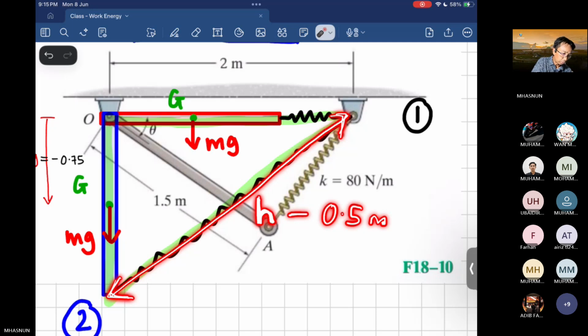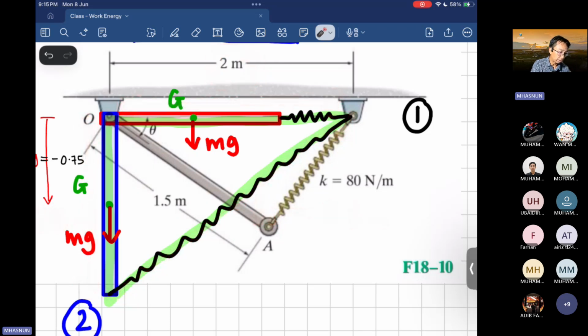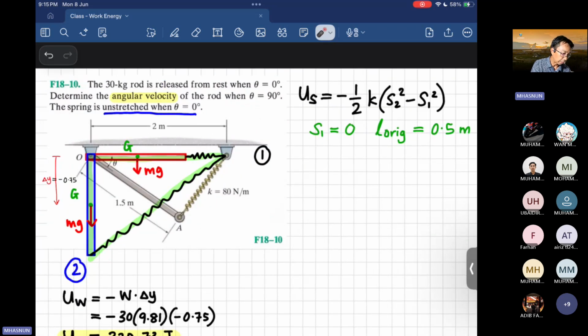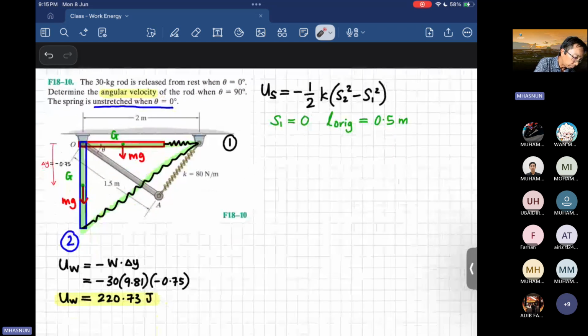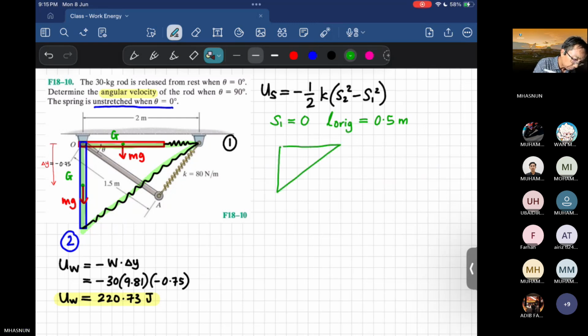So we have the length of the top here as 2 meter, and the length of this rod here 1.5 meter. So we have all the lengths, so basically we can then find the value of H. Okay, if I draw the triangle here, we have it like this. That is basically the triangle.